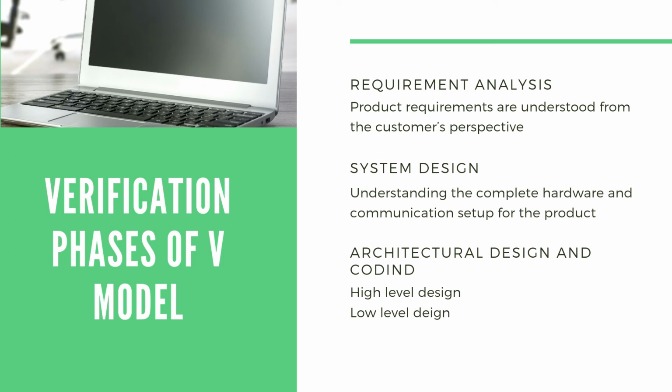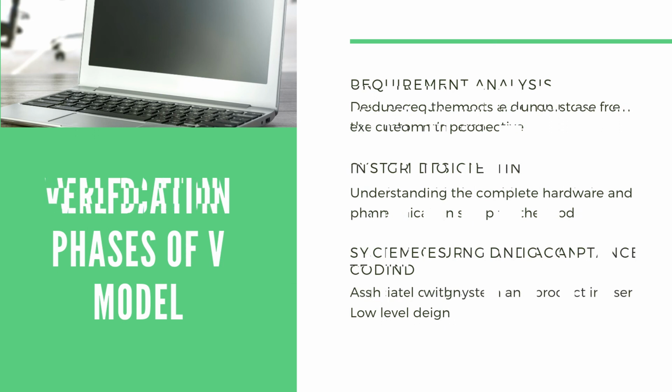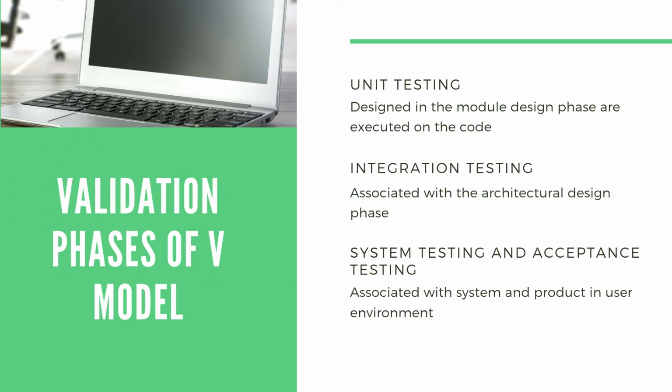Then the next phase is the coding phase. In this, the actual coding of the system modules designed in the design phase is taken up. Now, which are the validation phases? In that, unit testing comes. Unit testing is designed in the module design phase and is executed on the code.